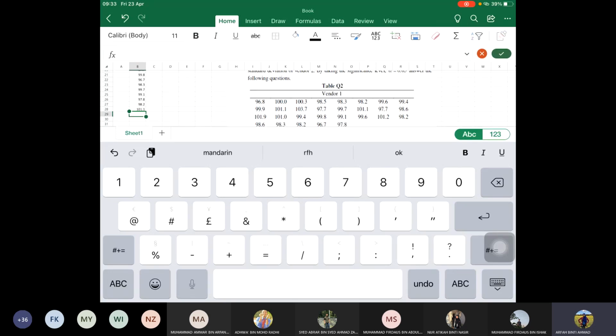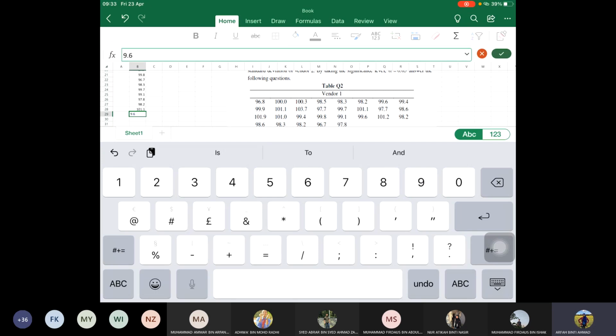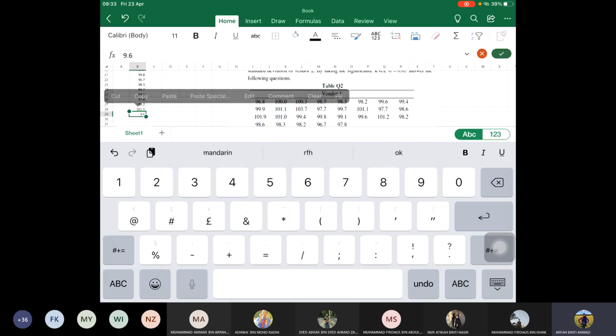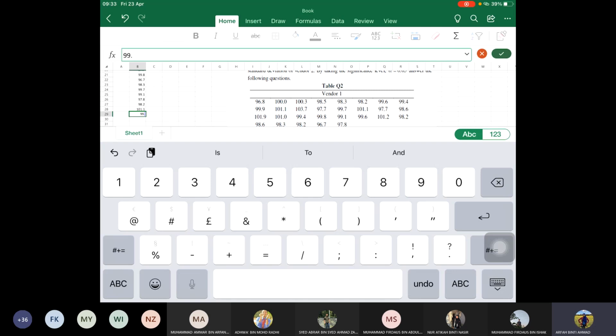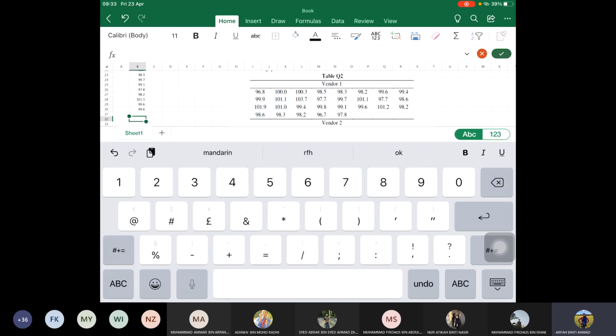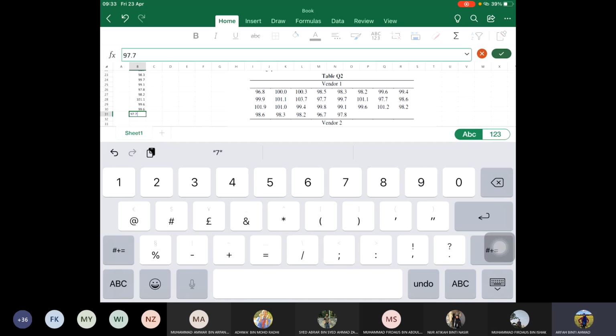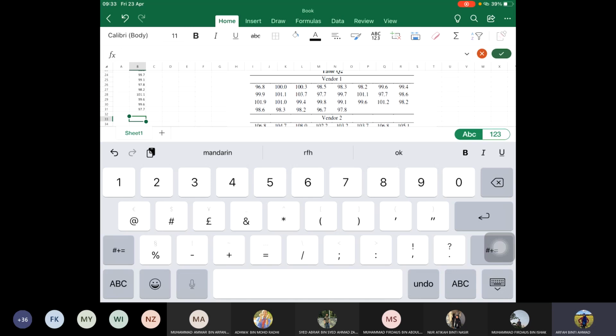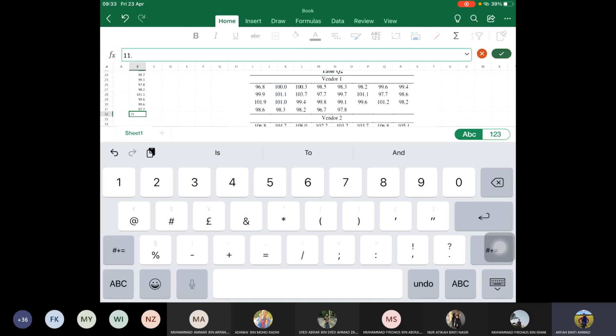Then 99.6. And again we have 99.6 for the second one. 97.7. 101.2.